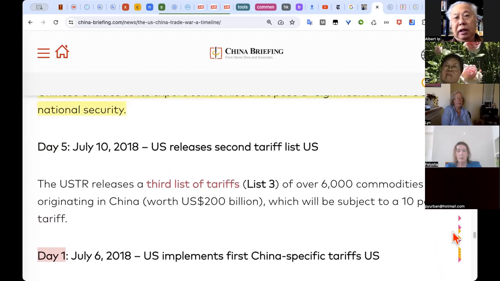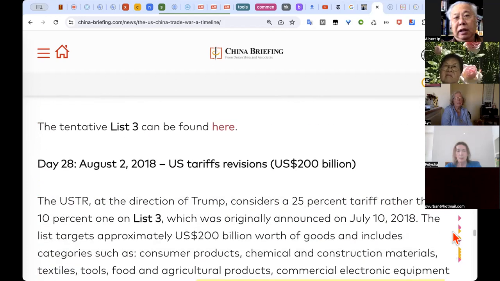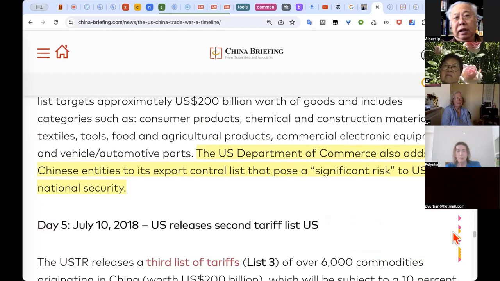On day 5, they put up another list worth $200 billion. And then added another 44 Chinese companies into its export control list. Then the aim is obvious. The objective of this is to limit the acquiring of technology by the Chinese.